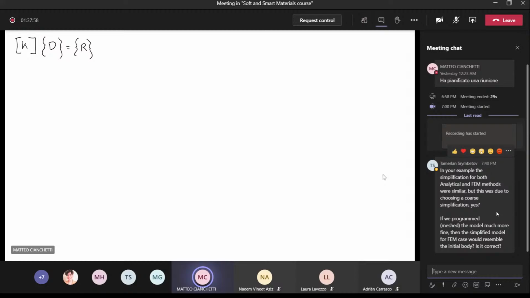Yes, actually, the simplification I made in the very first part of the class today is very visible, right? I really neglected very big parts of the model, and I did it on purpose because I wanted to stress the fact that whenever we are going to reproduce the geometry of a real system on a software or on a model, it will always be an approximation of it.